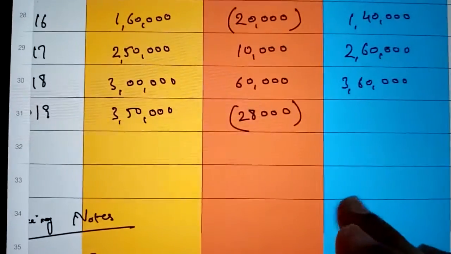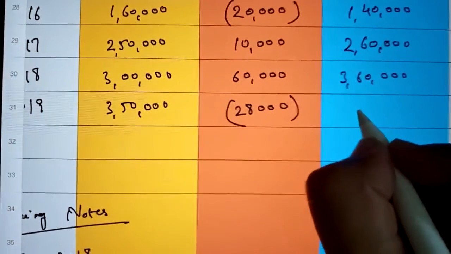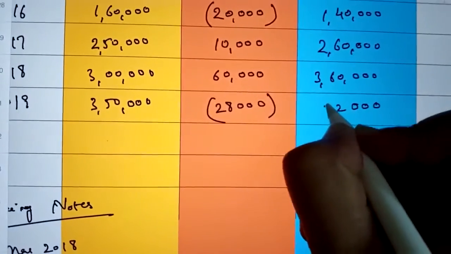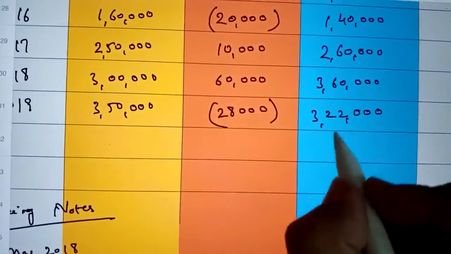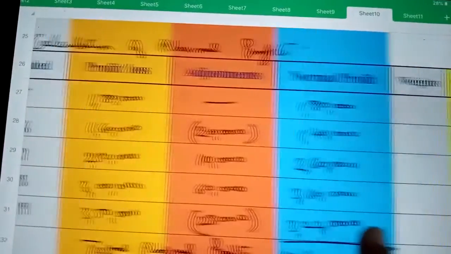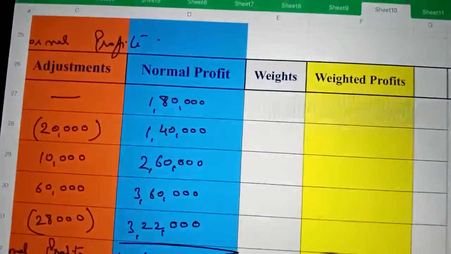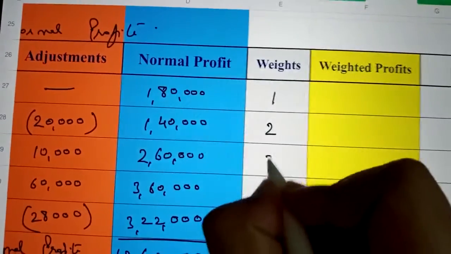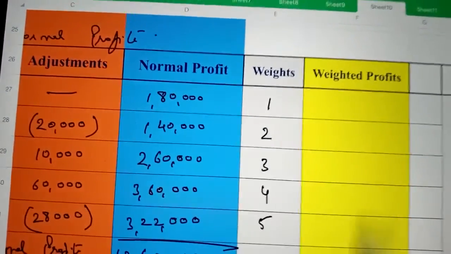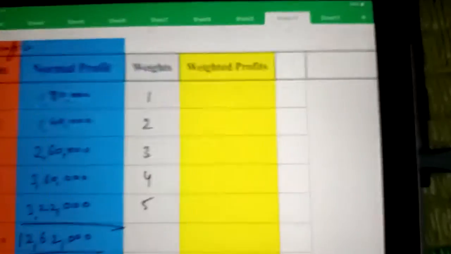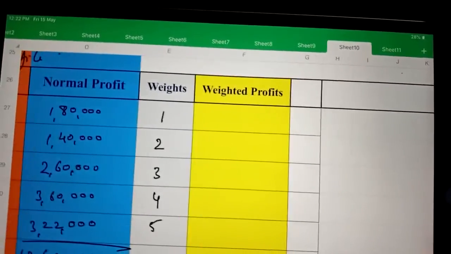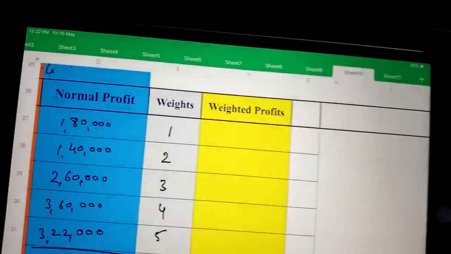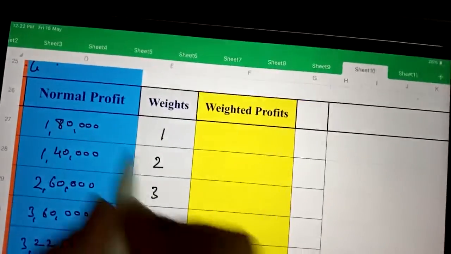And after deducting it, the normal profit comes here 3,22,000. So weights are given to us in the question. For first year it is 1, next year it is 2, 3, 4 and 5. And now we will calculate the average of weighted profits, and we will multiply it.